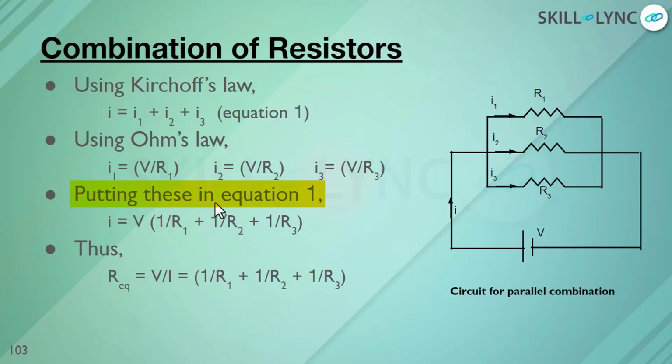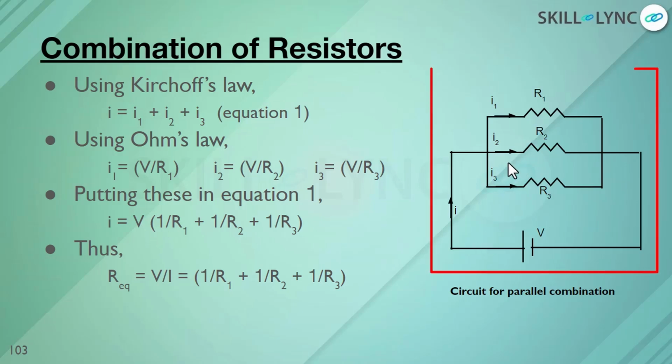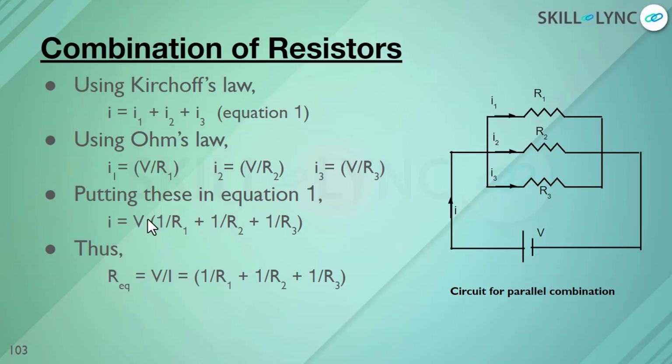Putting these in equation 1, we can write I is equal to, taking V as common, as V would be common for all the three resistors since this is a parallel combination circuit. Therefore, taking V as common, we can write 1 upon R1 plus 1 upon R2 plus 1 upon R3. Therefore, 1 upon R equivalent can be written as 1 upon R1 plus 1 upon R2 plus 1 upon R3.